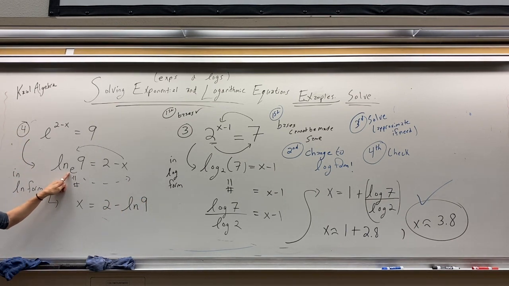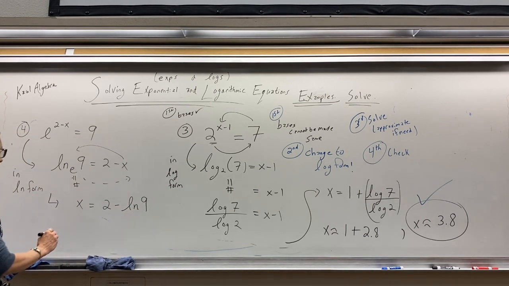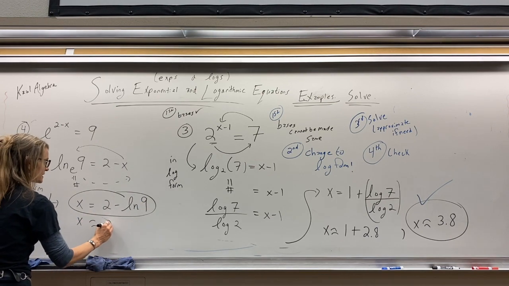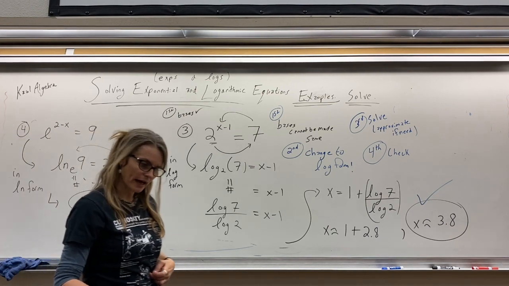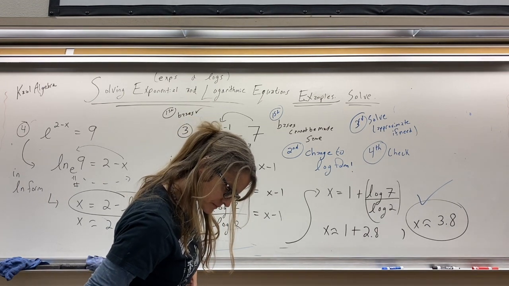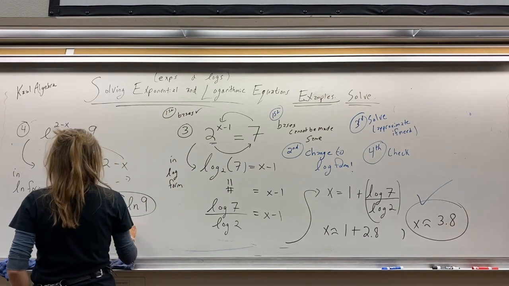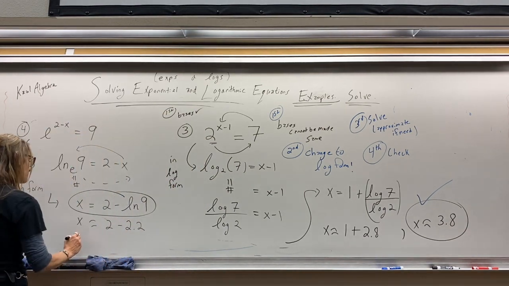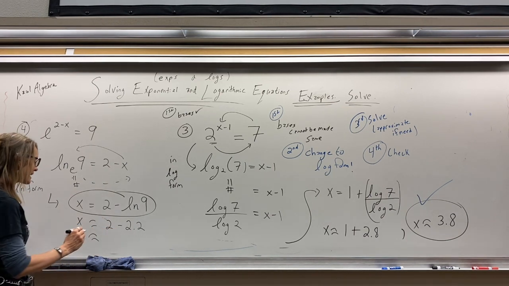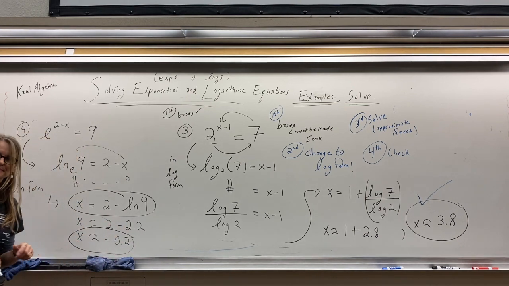So remember, I could drop the e because it's understood to be an e base right here. So this is my exact answer, but this is approximately 2 minus, let's see what ln of 9 is, 2.2. So my x value is approximately negative 0.2. And that's my final answer.